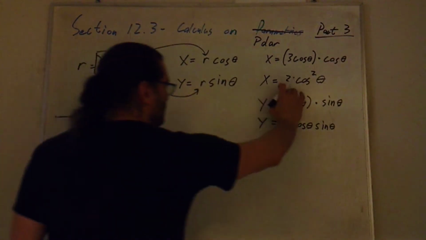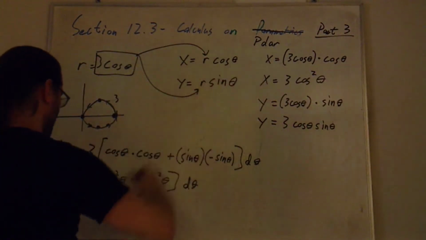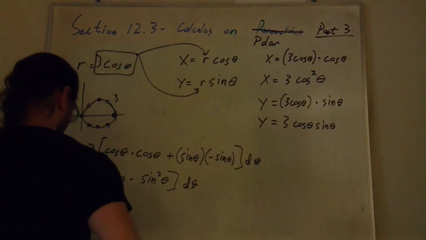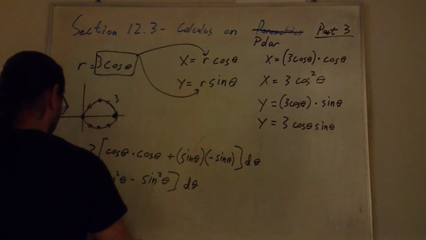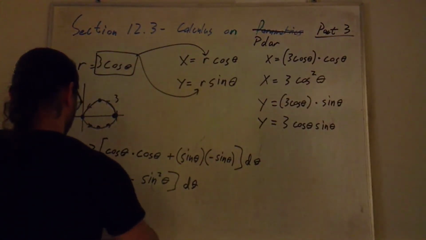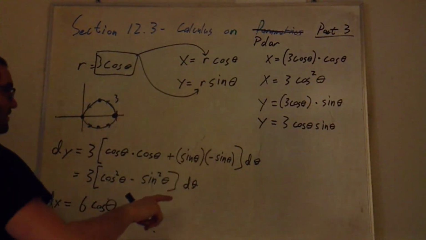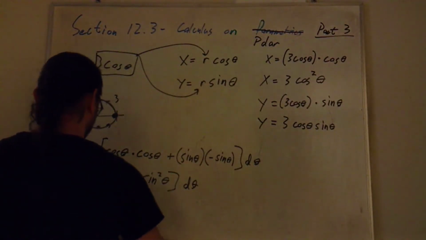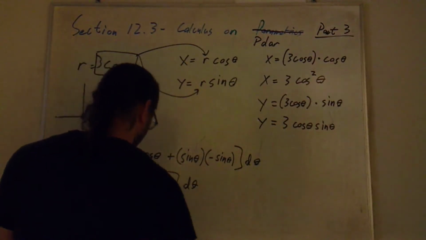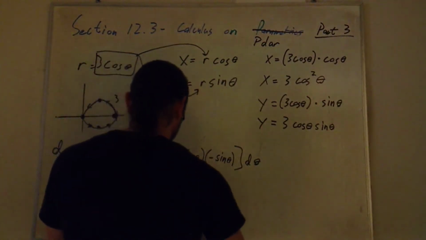So we'll take the derivative of this using the chain rule. 3 blob squared will turn into 6 blob. So 6 cosine theta times the derivative of the inside, which is negative sine theta, times the derivative of the inside of that, which is d theta.